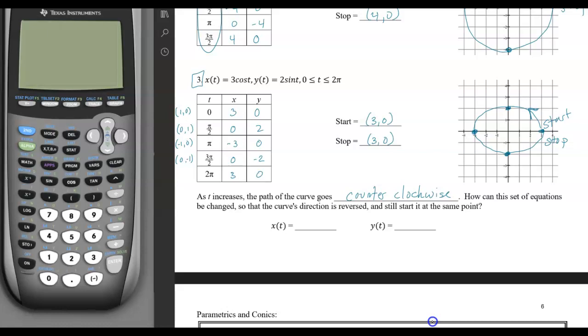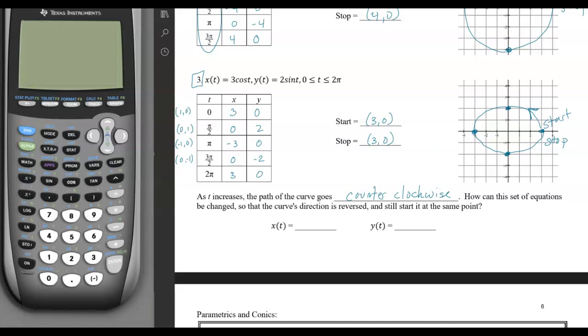I'll be impressed. Last period kind of got it on their own, but I really had to help them. So I'll give you a minute or so to think about how we could change these equations so that it's still the same ellipse, but the direction is opposite and we start and stop at the same point.